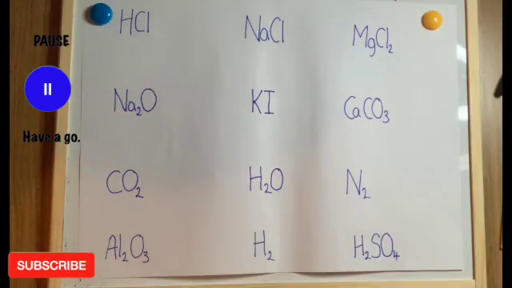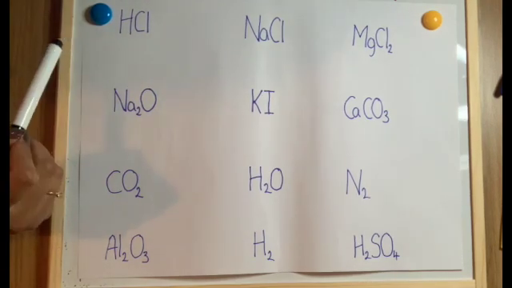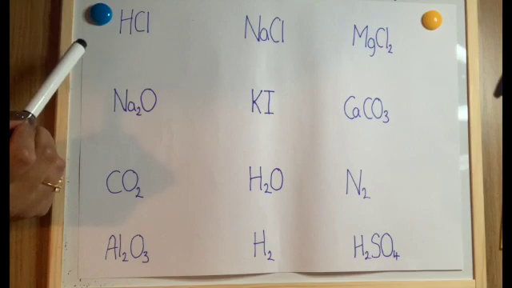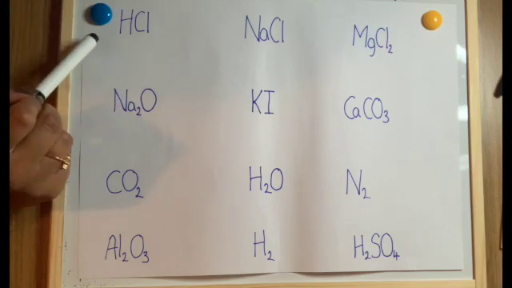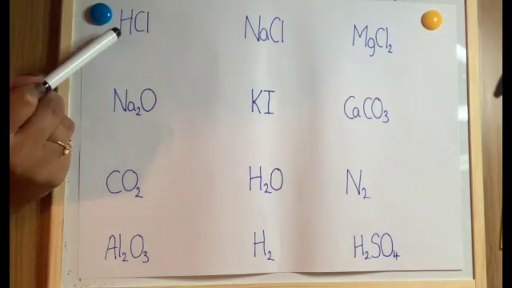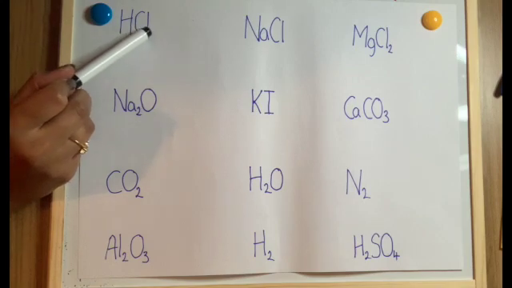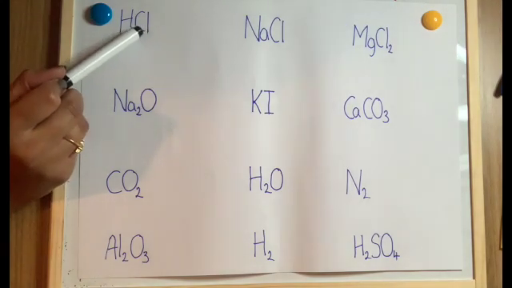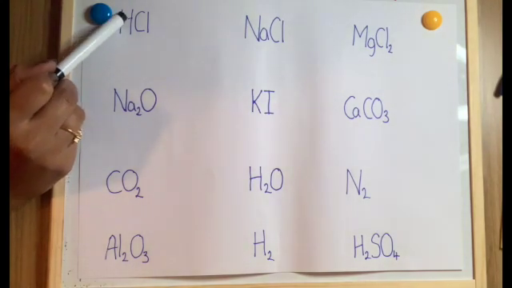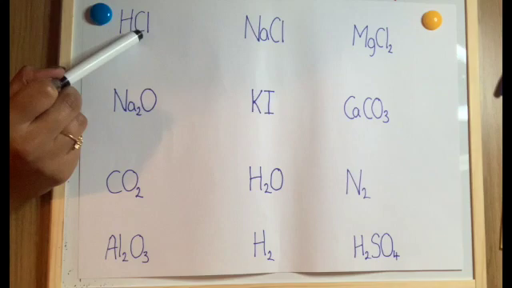Okay, lovely. So now let's go through these. Now, if we look at this first one here, okay, remember we're looking for capital letters as the start of a new element. So I've got a capital H, that's one element. I've got a capital C and a lowercase l. So that lowercase l goes with that capital C. So here we've got one element which is H and another element which is Cl.